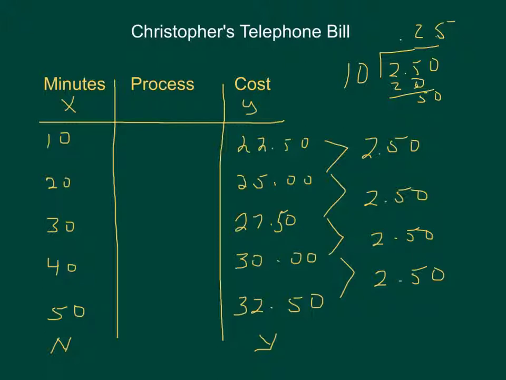So I believe that if I take 0.25 times 10 plus 20, I'm going to get that. Well, if I go down the line and take 0.25 times 20 plus 20, I will get 25.